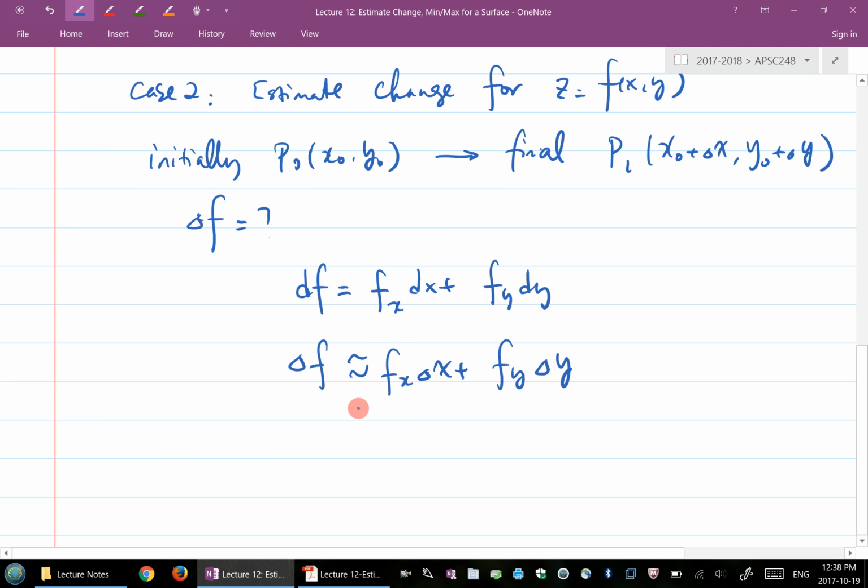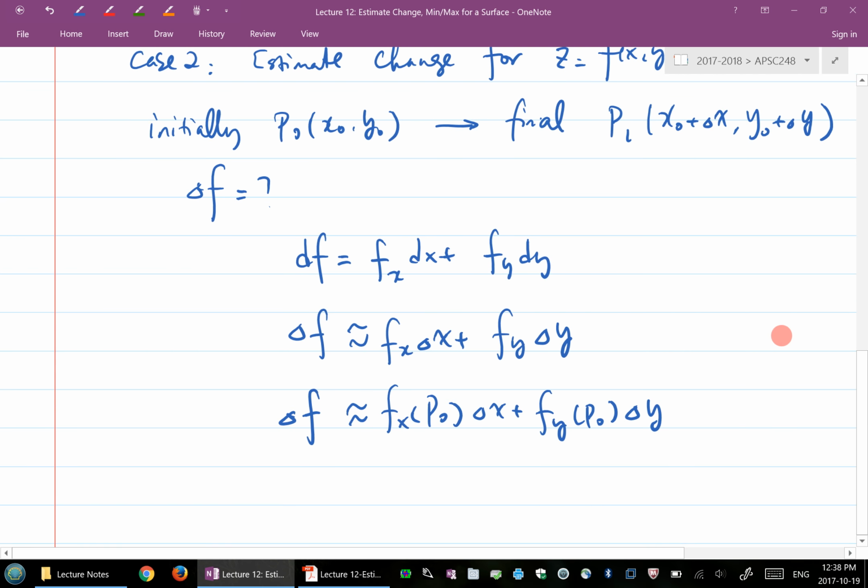More precisely, if I write this using a little more information, because we're talking about estimating the change from this location to this location here, this is basically fx at the P0 location delta x plus fy at the P0 location delta y. So that's what you do for a function of two variables.